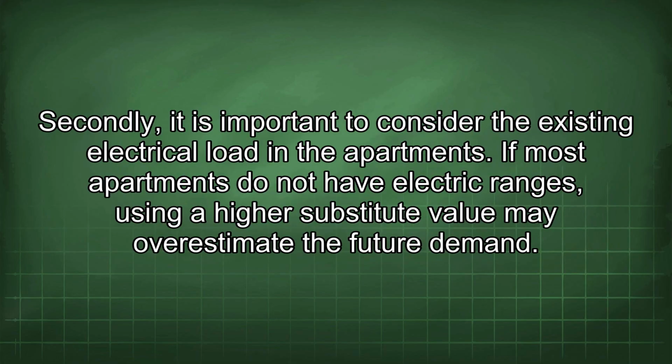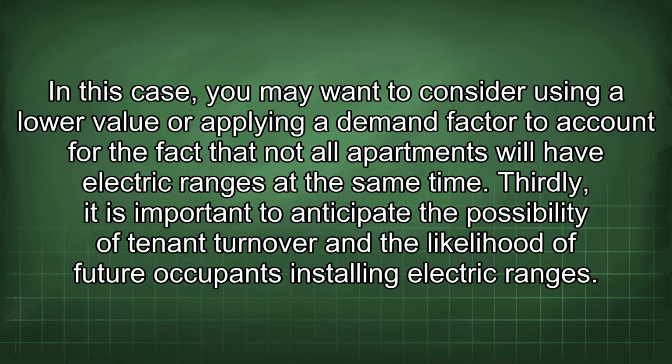Secondly, it is important to consider the existing electrical load in the apartments. If most apartments do not have electric ranges, using a higher substitute value may overestimate the future demand. In this case, you may want to consider using a lower value or apply a demand factor to account for the fact that not all apartments will have electric ranges at the same time.